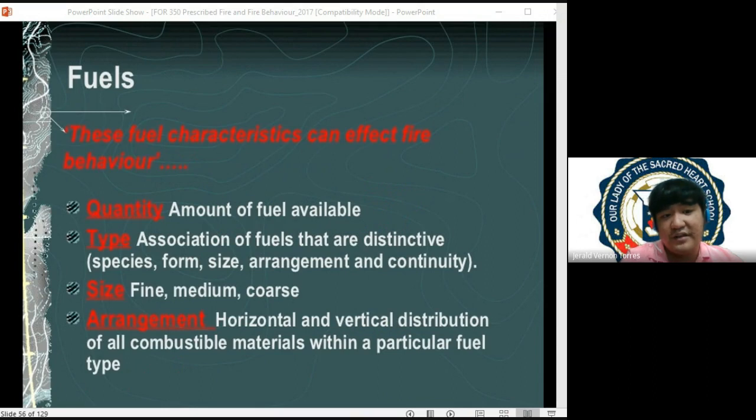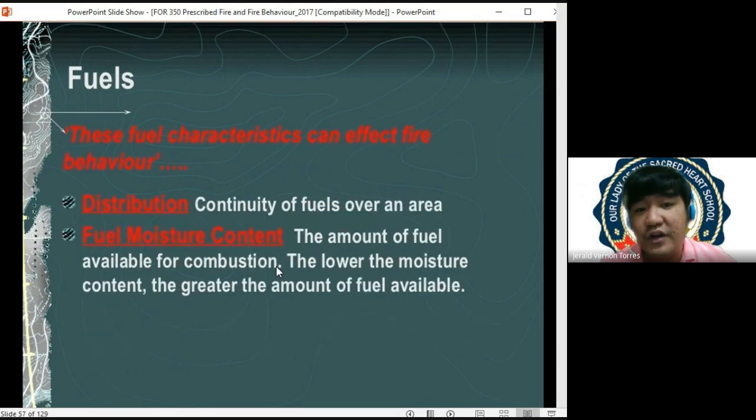Then there is the size of the fire and the arrangement of the material. Later on, you will see that in a forest, the material can be arranged horizontally or vertically. And that is how we describe the spatial pattern of fire during a wildfire, whether it is a horizontal fire or a vertical fire.